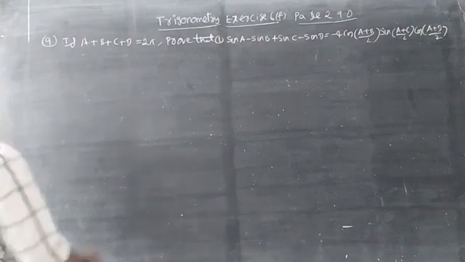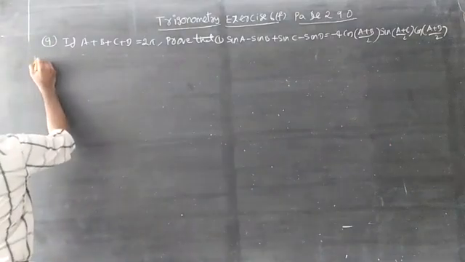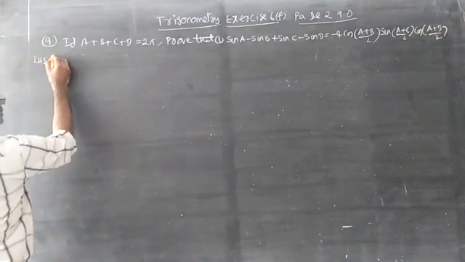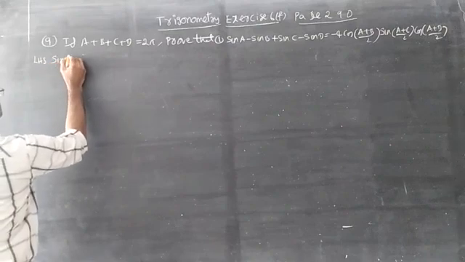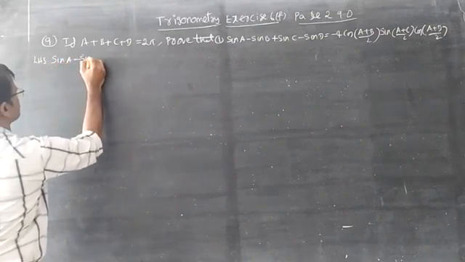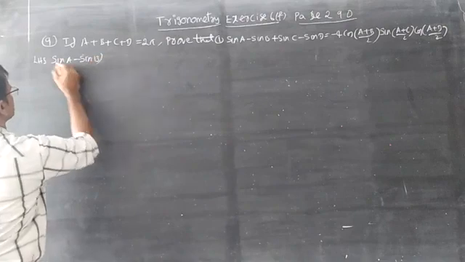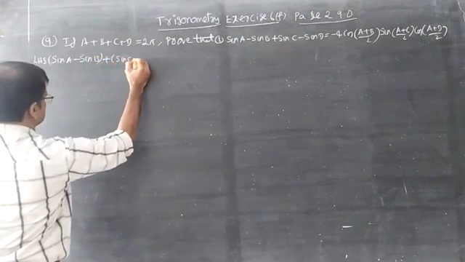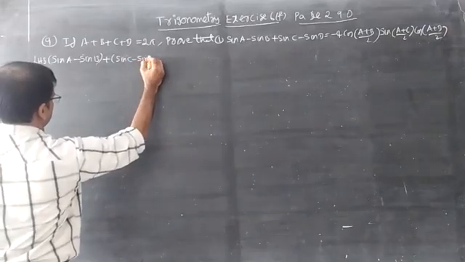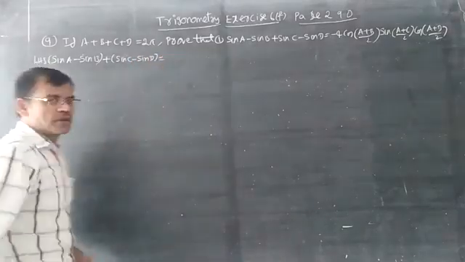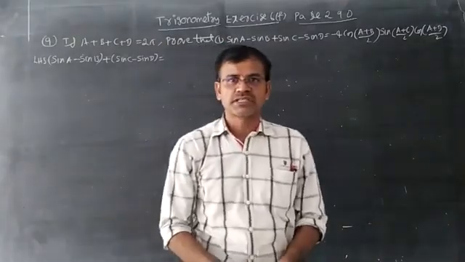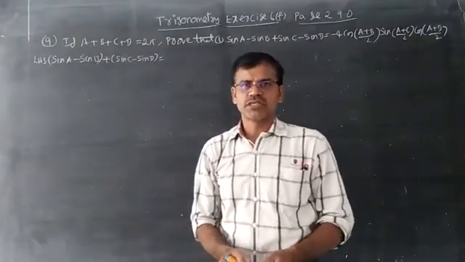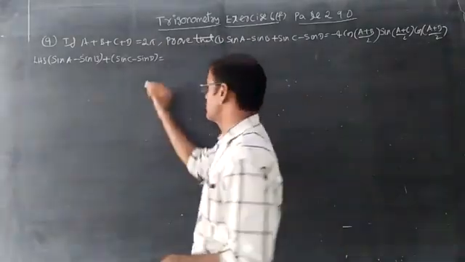Now taking LHS. LHS is sin A minus sin B, take into a group sin A minus sin B plus sin C minus sin D. Apply the formula: sin C minus sin D is 2 cos C plus D by 2 sin C minus D by 2.